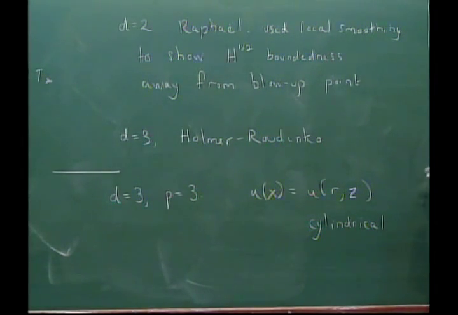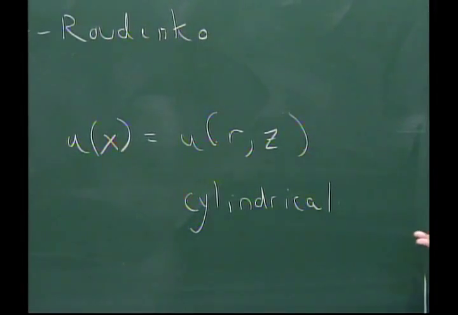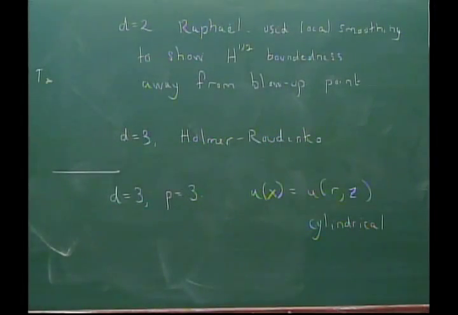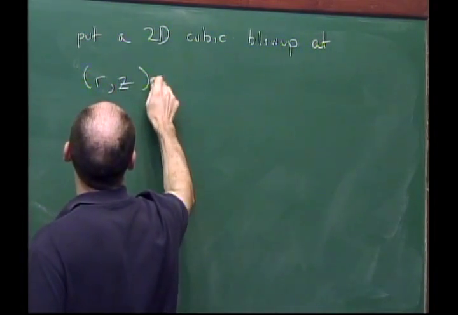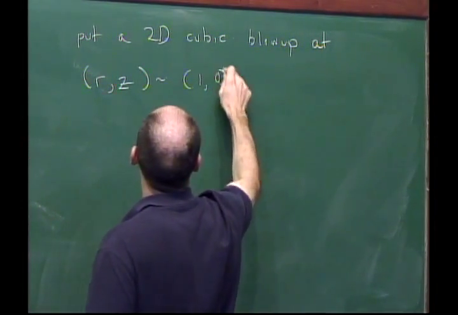And then you sort of install a 2D cubic, which is again L2 critical, blow-up solution at (r, z) equals (1, 0).